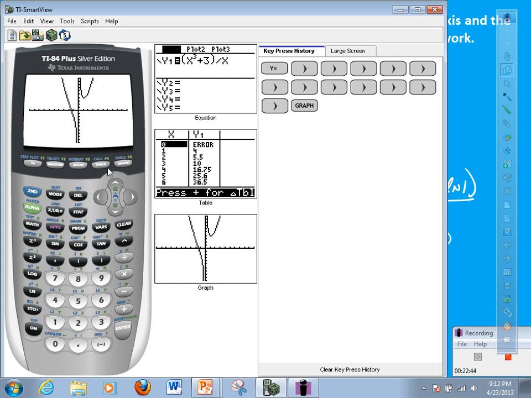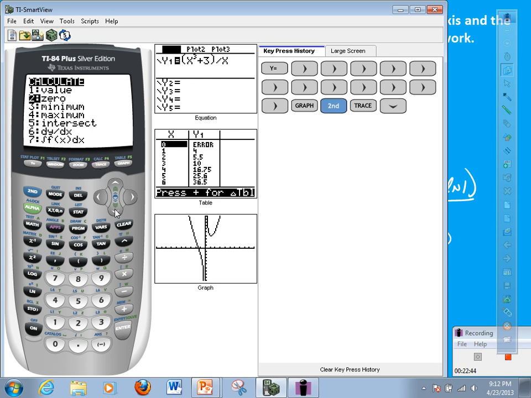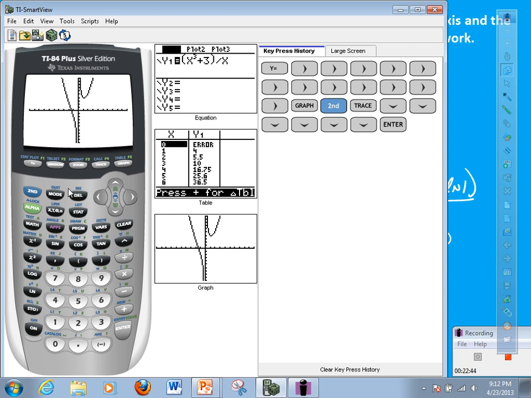If you will then, go second calculate, and come down to number 7. See that antiderivative sign, antiderivative of f of x? Click on that real fast, and then hit enter. Now you'll see down here your lower limit and your upper limit.